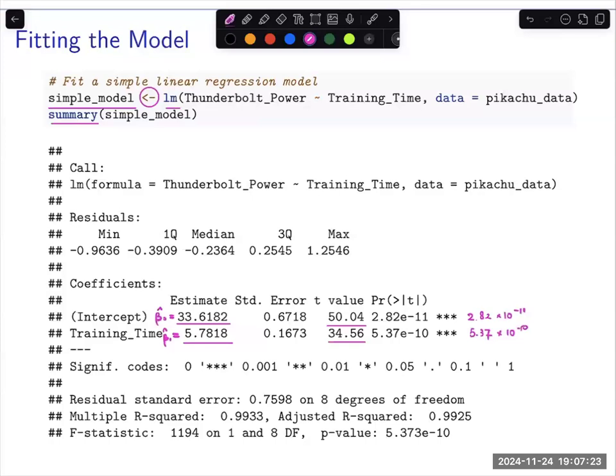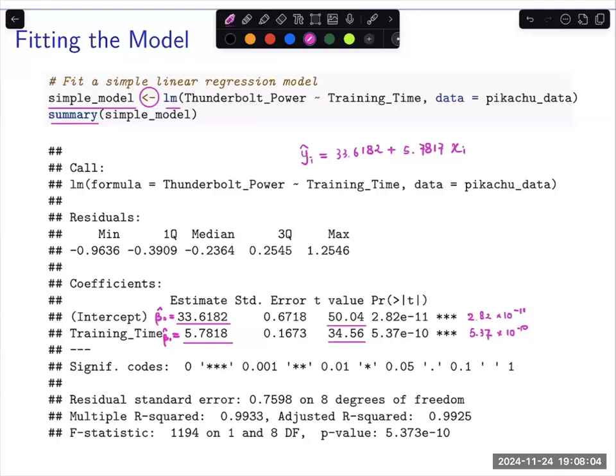So basically that means by any traditionally used significance level alpha, we are going to reject the null hypothesis which claims beta 0 and beta 1 equal to 0. And the estimated model of the original one is going to be yi hat equal to 33.6182 plus 5.7818 times xi.